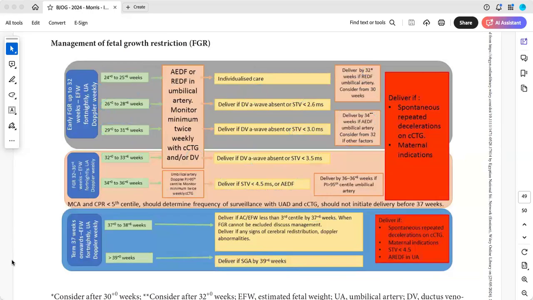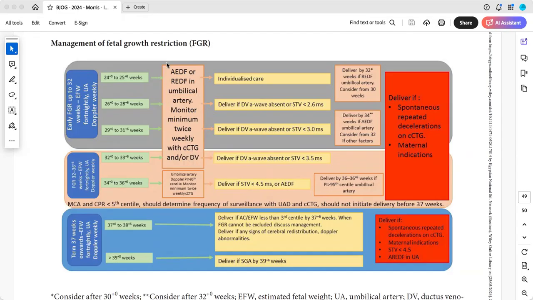That the decision for the surveillance will be based on the umbilical artery Doppler value. If it is abnormal in the early FGR, then we have to increase the surveillance to a minimum of twice per week with the computerized CTG and or ductus venosus, right?